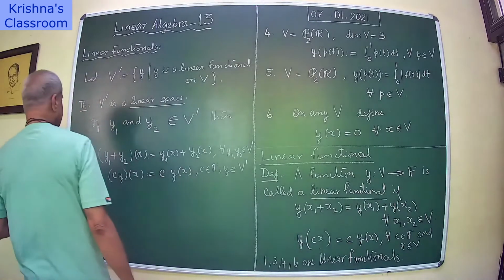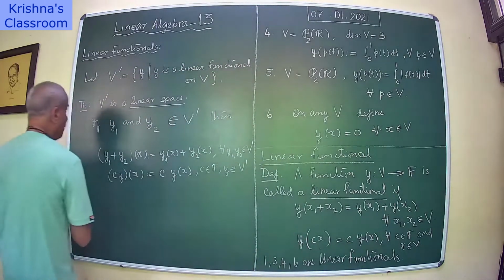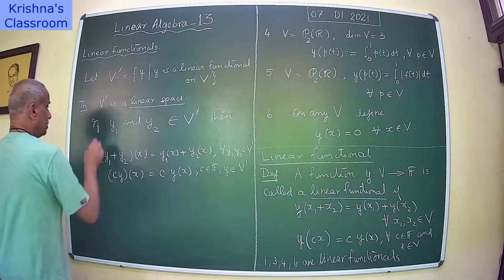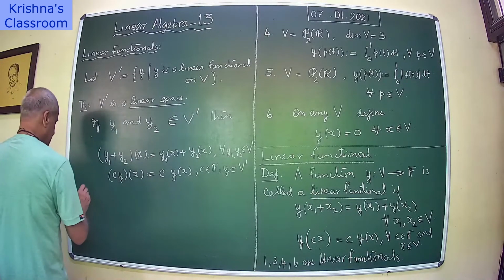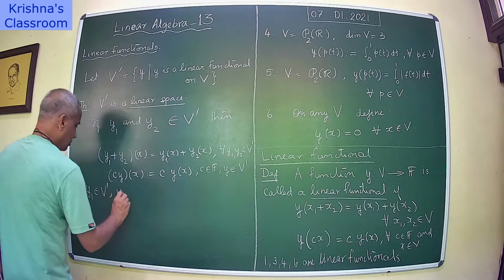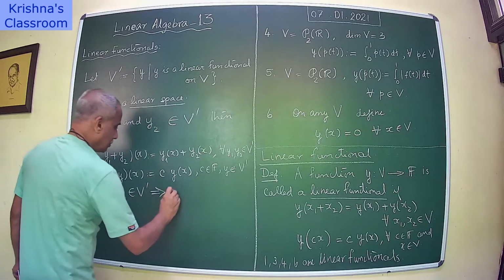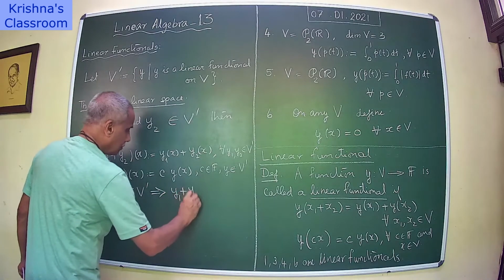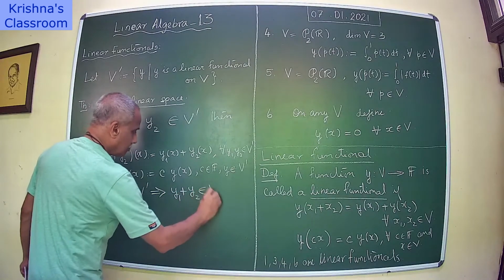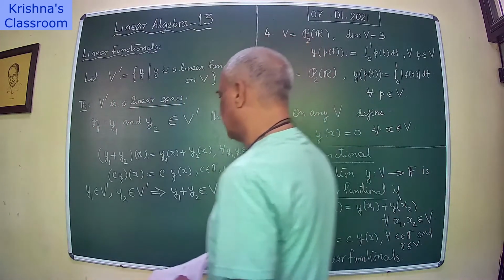Now what we assert is that if y1 and y2 belong to V prime, then y1 plus y2 and cy are linear. So what do we have to do? We have to show the following.